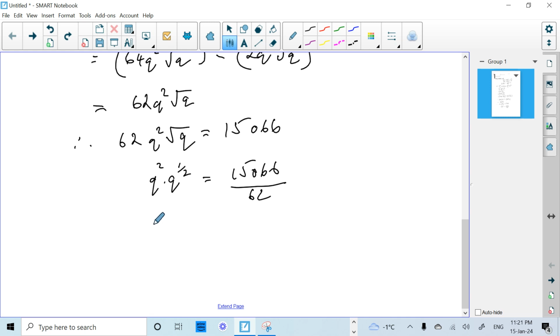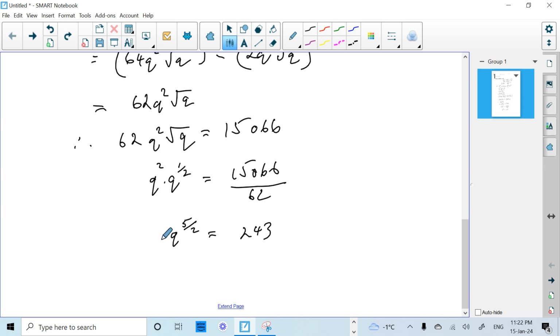That gives me 243, so q to the 5 over 2 is equal to 243.